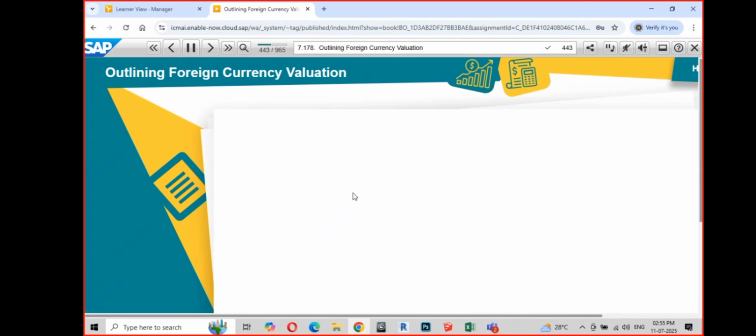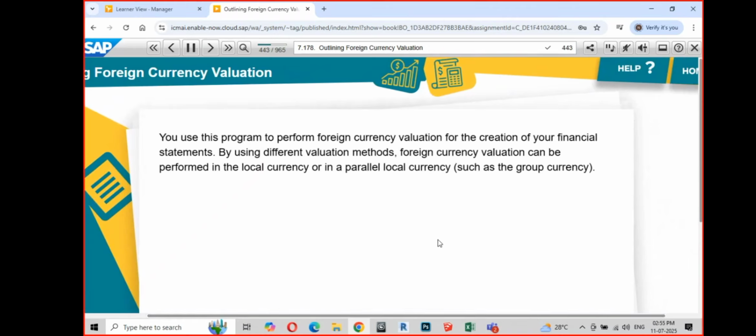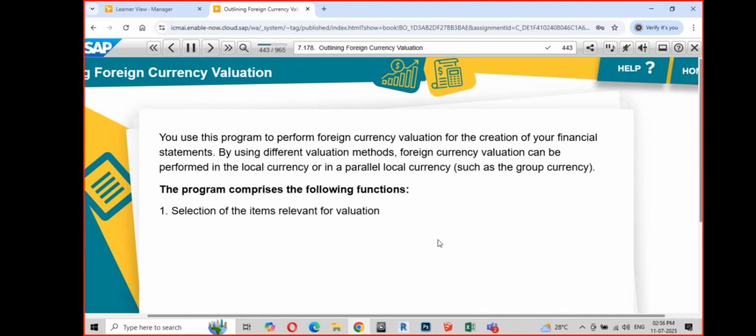Somebody was asking me what is foreign currency evaluation. What is basically your foreign currency valuation? Now suppose I'm exporting, or let me say I'm importing goods. What do I mean by import and export?